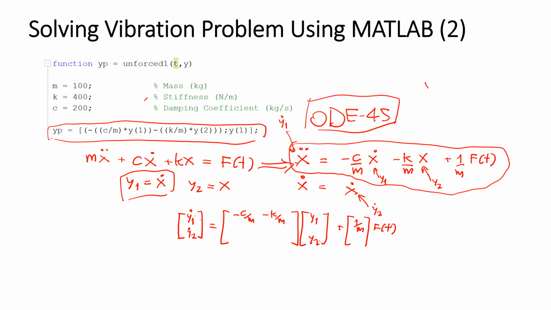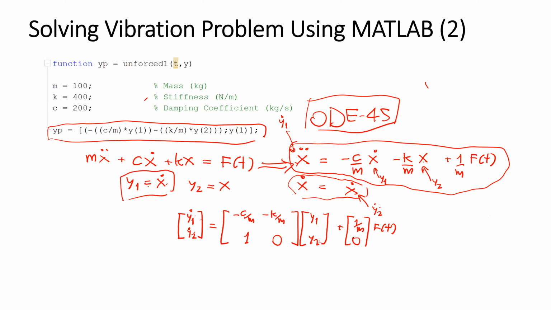Y2 here is x, plus 1 per m multiplied by ft is this one. And the second equation, y2 dot is equal to y1, because y1 is equal to x dot. So y2 dot is equal to y1.